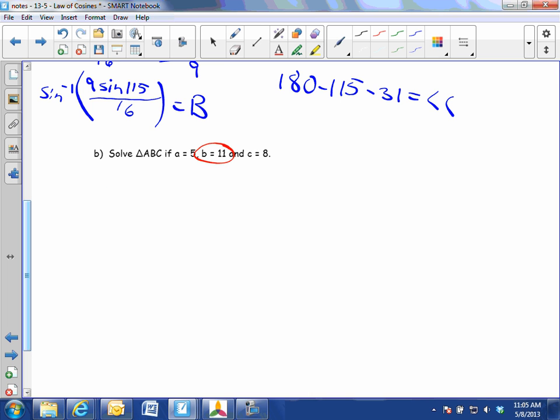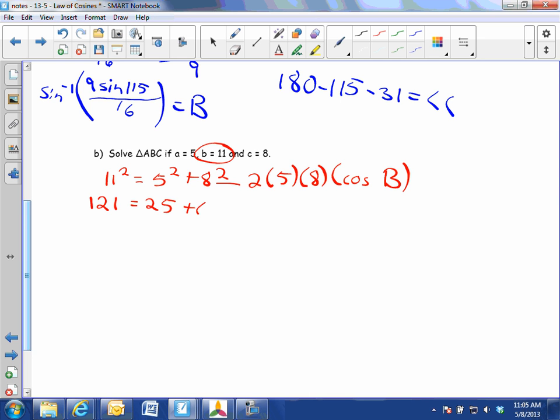So it says 11 squared equals 5 squared plus 8 squared minus 2 times 5 times 8 times the cosine of B. Okay, so then let's square everything that needs to be squared. Is that 80? Yeah, so let's do this.